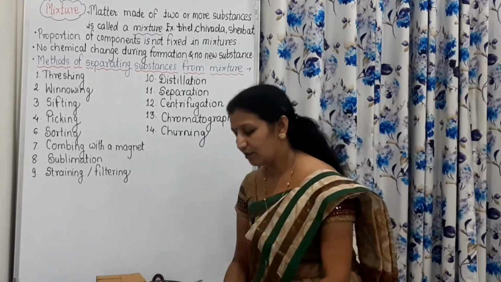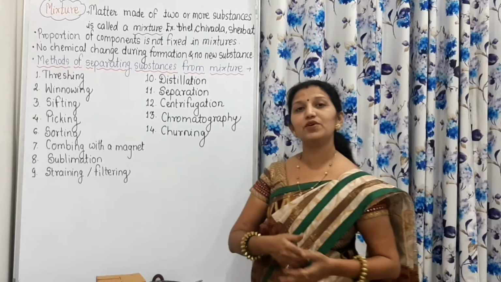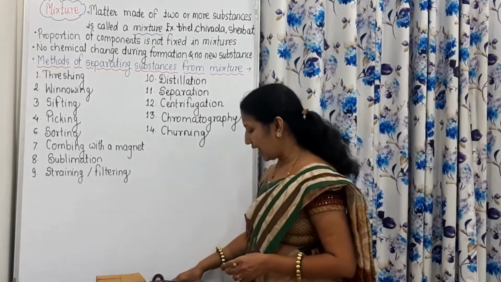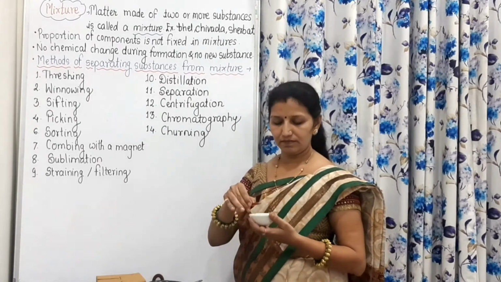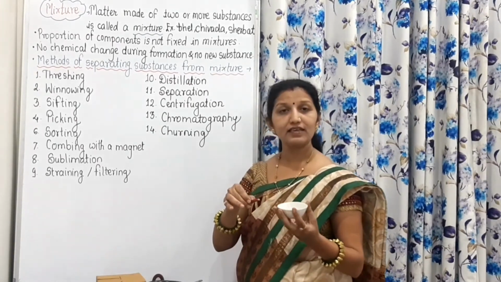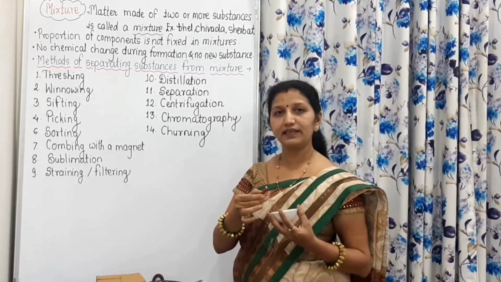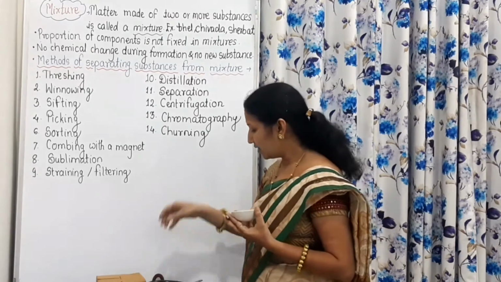Then combing with a magnet. In semolina, that means rava, black particles are there that increase the weight of the semolina, and these can be separated. These may be iron particles, and they can be separated by using a magnet.